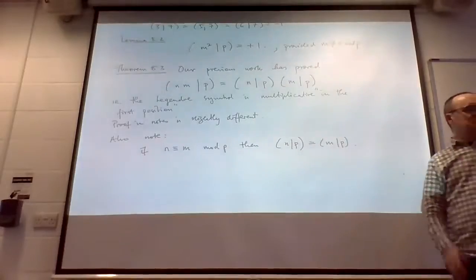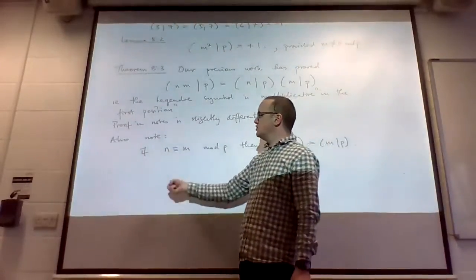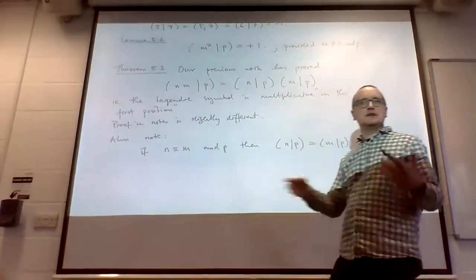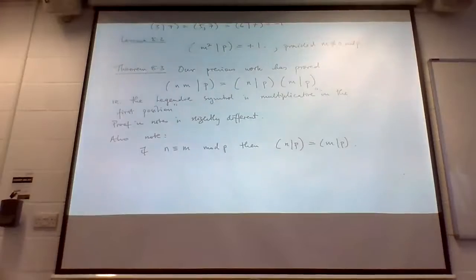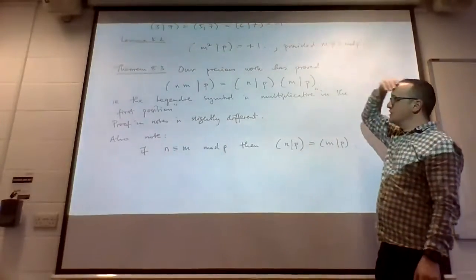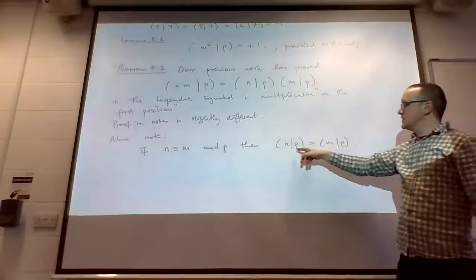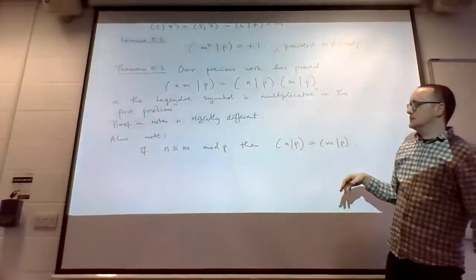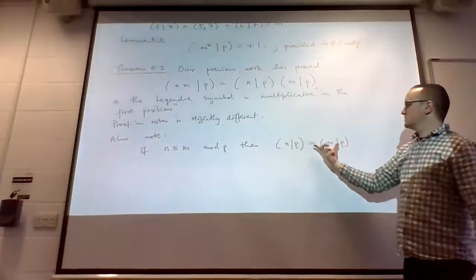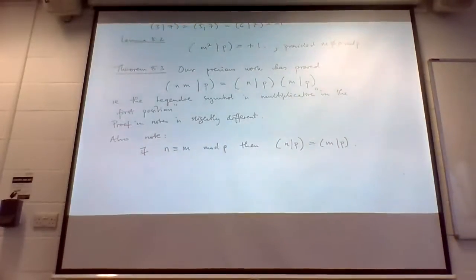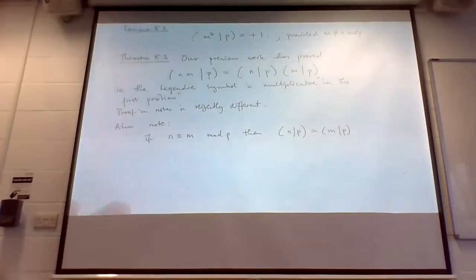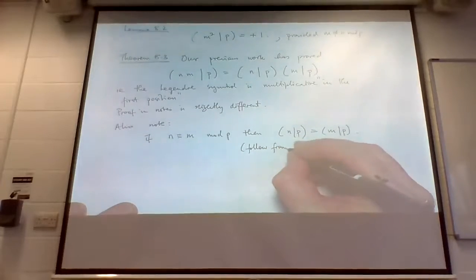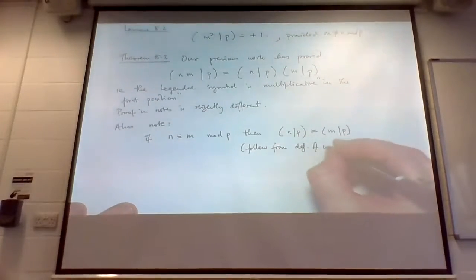If there's a u that when you square it gives you n mod p, it also gives m mod p, because they're congruent. So as well as being multiplicative, it's really a function on the congruence classes modulo p. That just follows from the definition of quadratic residue.